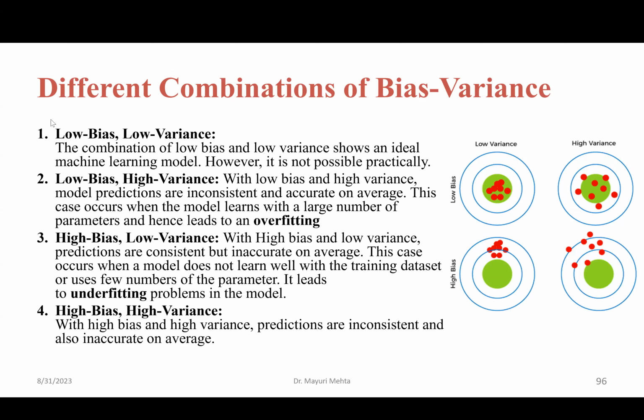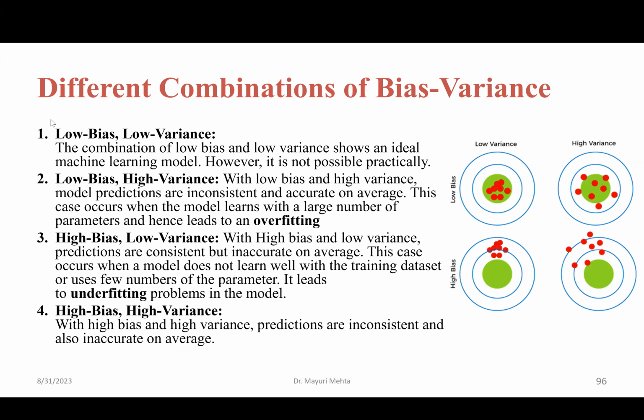Just let me tell you how you can identify high variance or high bias in a model. High variance can be identified in the model when you compute the training error and test error: when the training error is low but the testing error is high.